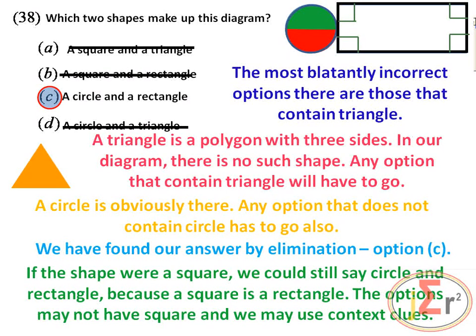The options may not have square, and we may use context clues. So if we had a square inside there, and we did not have the word square in any of the options, but we have rectangle, then we could use rectangle, because a square is a rectangle.